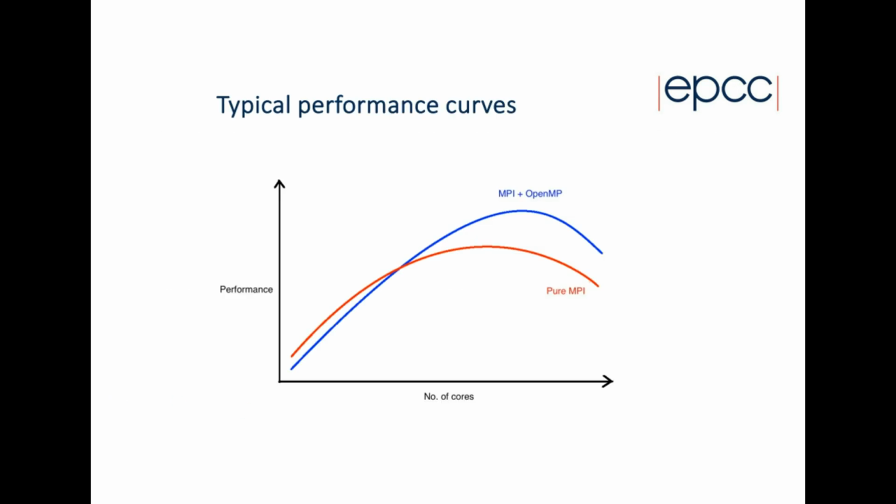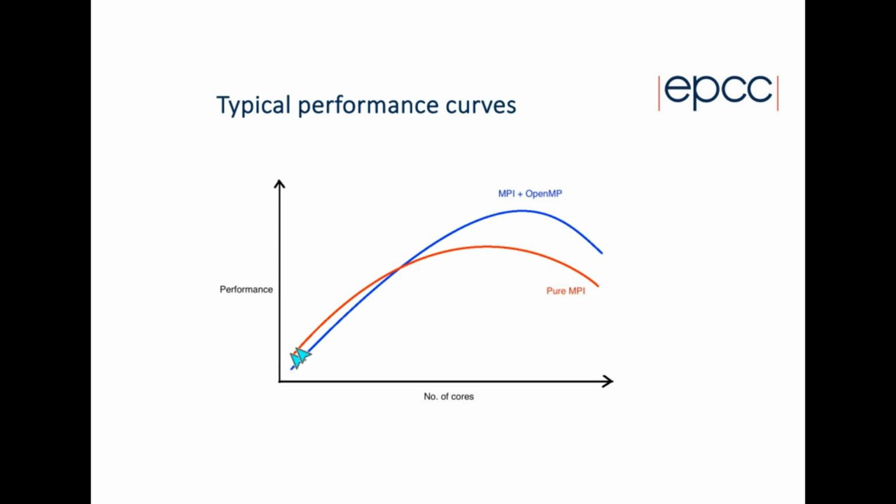So this is sort of the typical performance curves that you might expect to see. Just without putting any numbers on it, if I sketch the performance of the code, so high is good, against the number of cores that we're using, then you might see something like this for the red line for your pure MPI code.